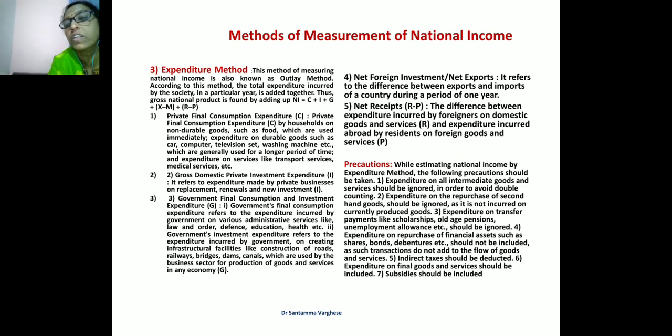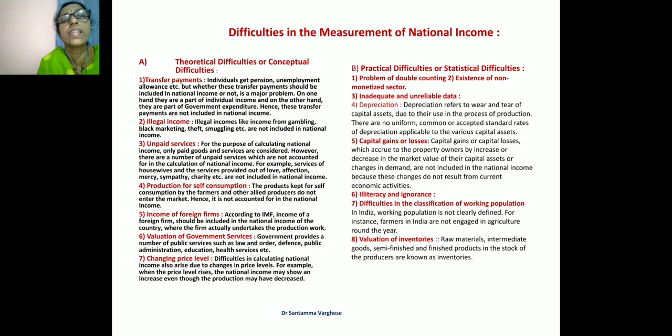Now we have to discuss the difficulties in measurement of national income. While explaining the difficulties, we have to remember that the precautions we discussed in all three methods are what come here. When you have studied the precautions, you can take this into your knowledge too: the precautions become the difficulties of measuring national income. There are two types of difficulties while measuring national income. You can see in the slide, the theoretical or conceptual difficulties and the practical or statistical difficulties.